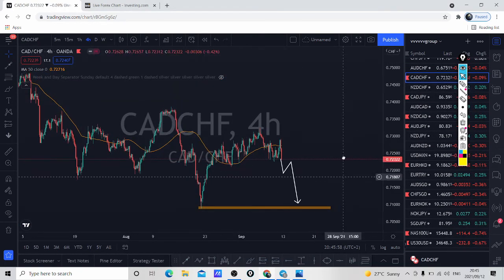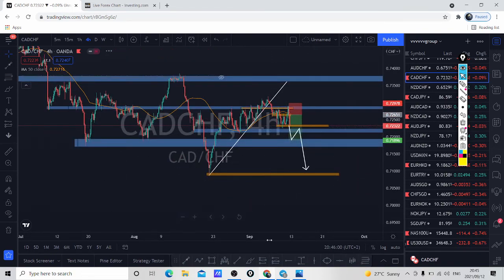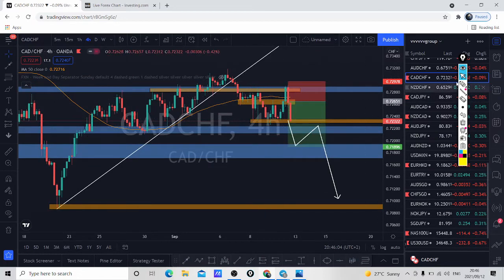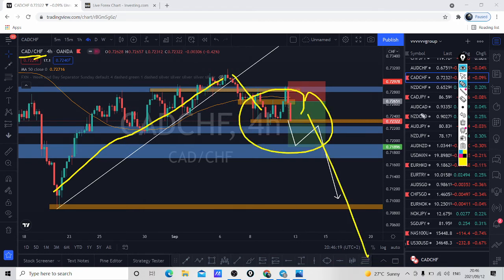Okay, CAD Swiss. On CAD Swiss, I'm still waiting for a break, but I've already taken a sell there. I've seen that Canadian dollar pairs are selling, and then the Swiss is neutral, and then the market was buying, and then broken, meaning that we are now looking for shorts.